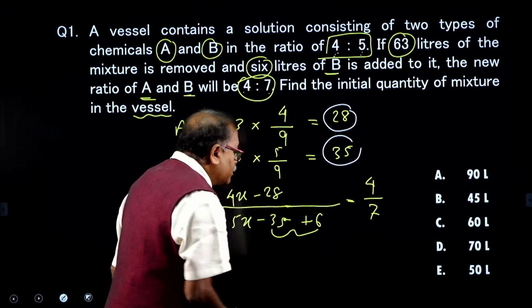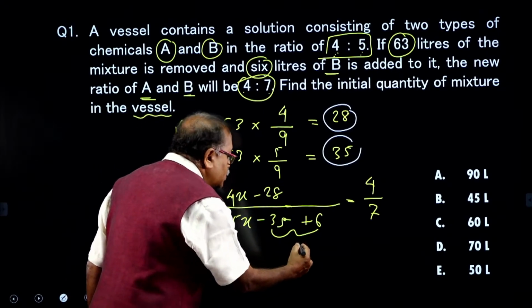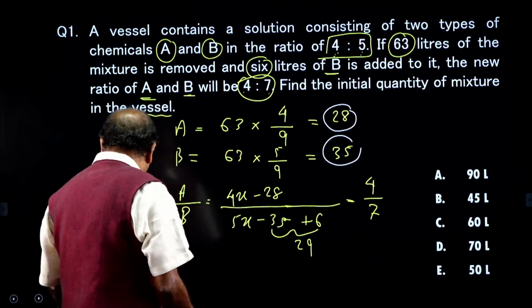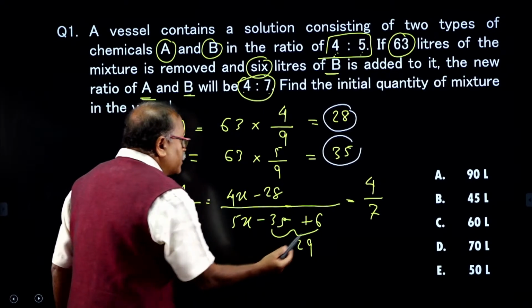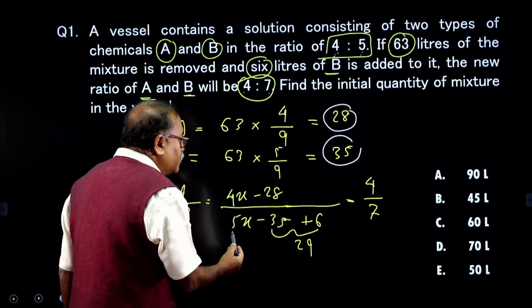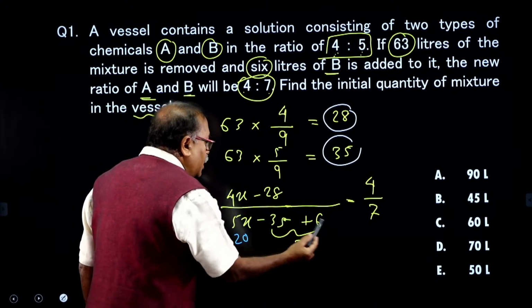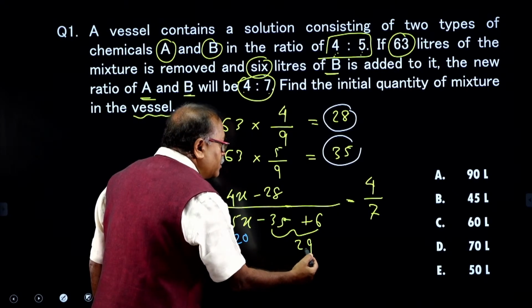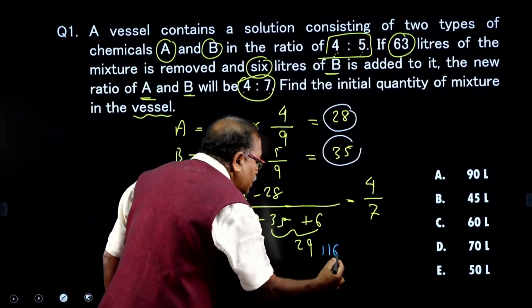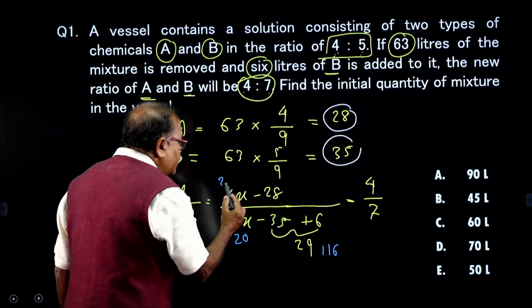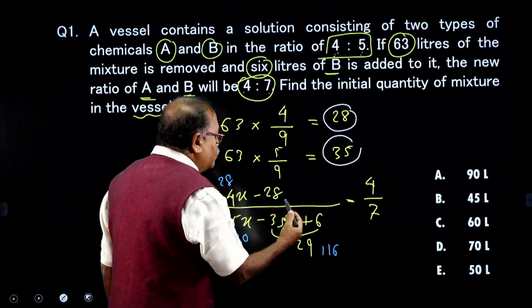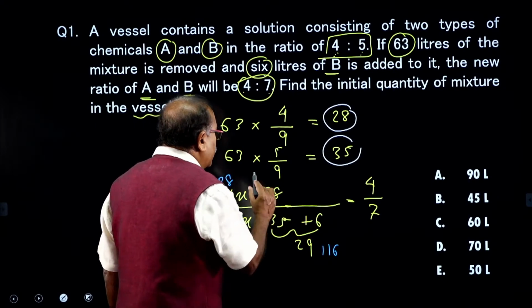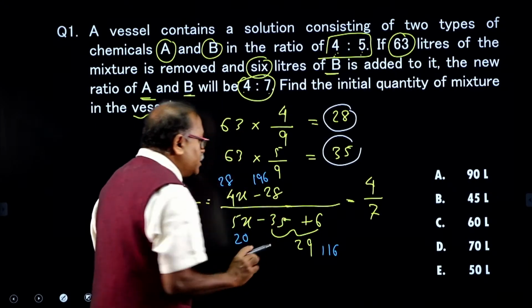Now, I notice that what will be this number, there is 29, and when I multiply these numbers over here with 4 and 5, that is 20, and 4 into 29, that comes 116, and with 7, 4 is 28, and 28 into 7, that is 196. Am I right?